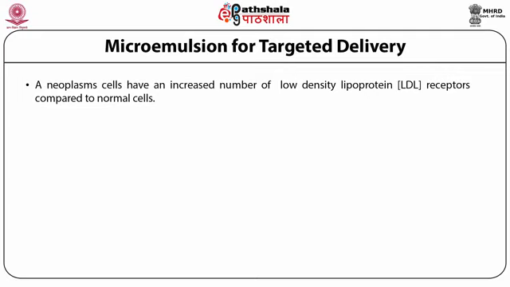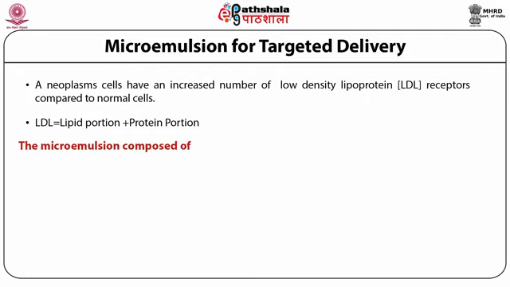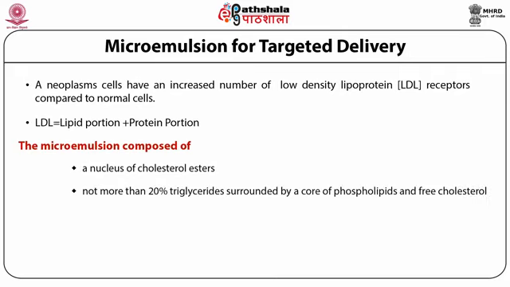Neoplasm cells have an increased number of low-density lipoprotein receptors compared to normal cells. Therefore, LDL is equal to lipid plus protein portion. And the microemulsion which is used for this particular purpose, that is drug targeting, consists of a nucleus of cholesterol esters, not more than 20% triglyceride, surrounded by a core of phospholipids and free cholesterol.